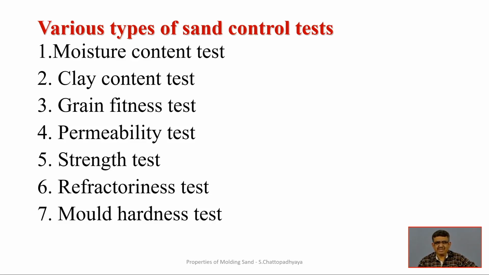The permeability test is also associated: how much air and other gases escape, how fast it can come out, and the degree to which we can permit that is called the permeability test. And the strength test checks that it retains its shape and size, because sand is a loose material, so appropriate binders are used with ramming, so that the permeability can be tested easily.